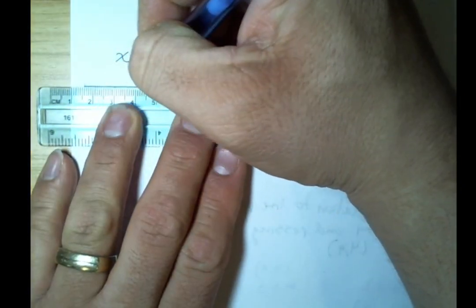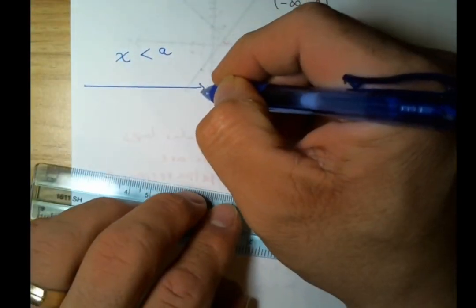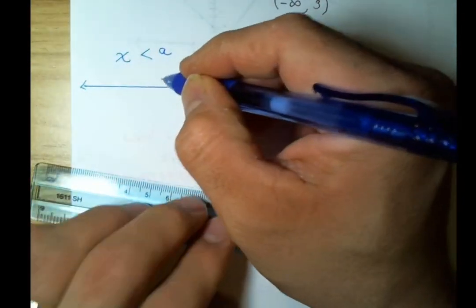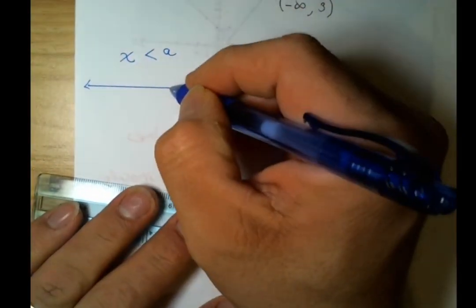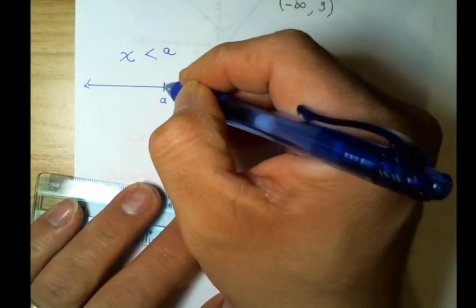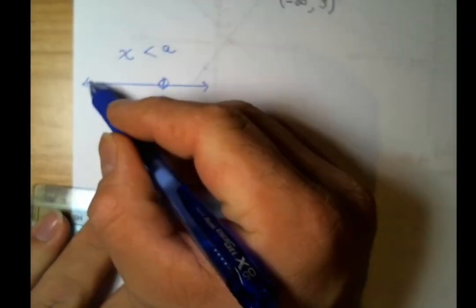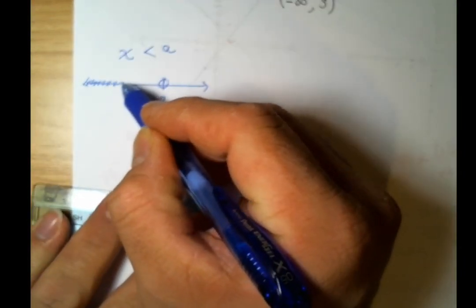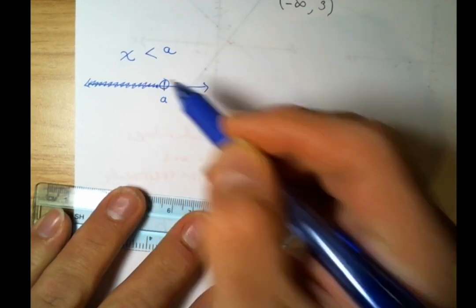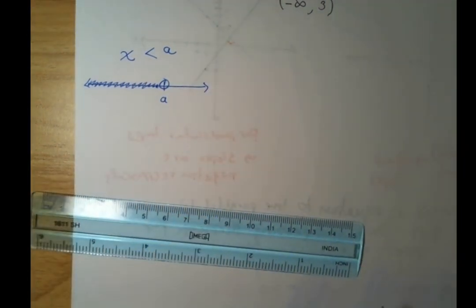Let's say a is some real value, somewhere here. Given that it's strictly less than, we use the open circle, and then we shade everything to the left.